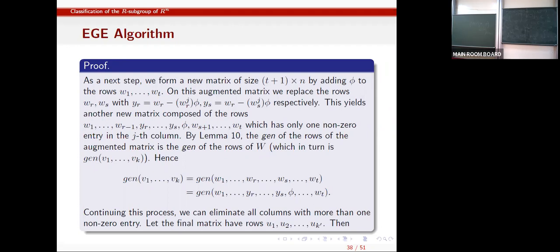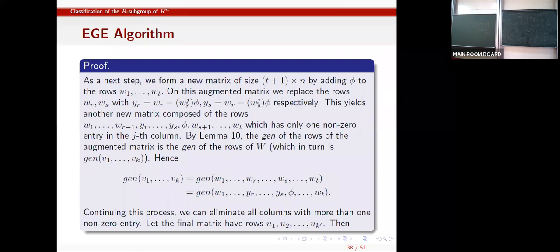So therefore, we get this gen, which is equal to this, but now instead of WR, we have YR, and instead of WS, we have YS, and WT. That's what we get. So we repeat this procedure.